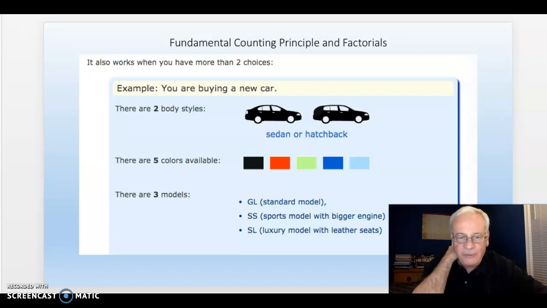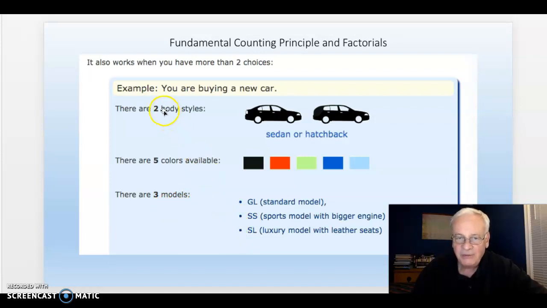Guys, like I said before, it also works if you have more than 2 choices. Like if you're buying a car, it has 2 different body styles, a sedan or the hatchback. And you can pick 5 different colors. And there's 3 different models you can pick: the standard model, the sports model, or the luxury model.